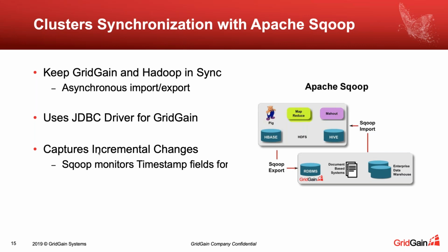Sqoop will connect to GridGain and accumulate all the changes. It can capture even incremental changes, and it will push them back to the Hadoop cluster. And the same can be done in the opposite direction, when something is changed in Hive or Hadoop and you'd like to push this back to GridGain.